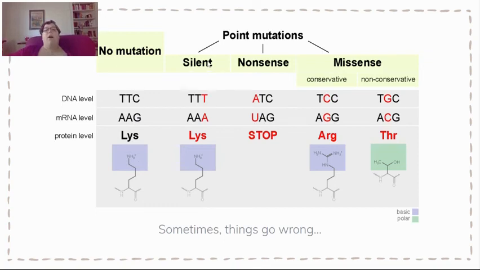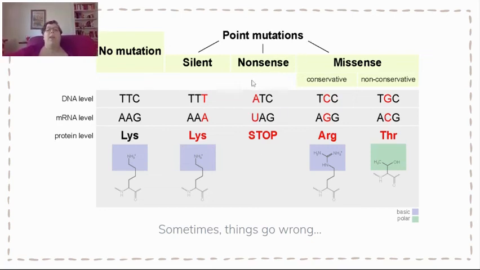Sometimes a point mutation can be silent, which means let's swap that cytosine out for a thymine, which means that now the mRNA reads adenine, adenine, but that happens to also code for lysine. So while a change has been made at the DNA level, no change is made at the protein level.